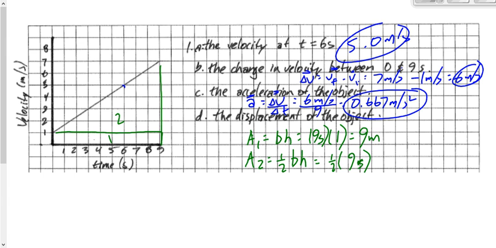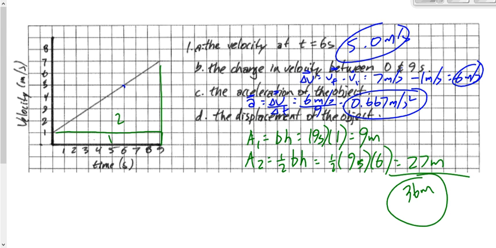What is the height of that triangle? Yes, 6. So we're going to say 1/2 of 9 times 6 is going to give you 27. And then what are we going to do? We got to add them up, right? 9 plus 27 is 36 meters. Good.